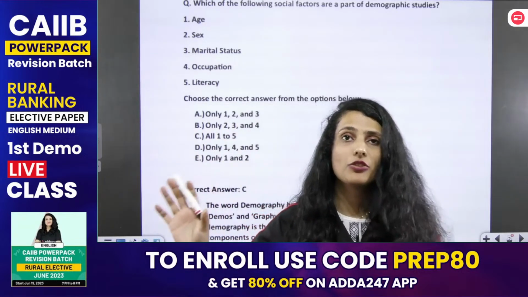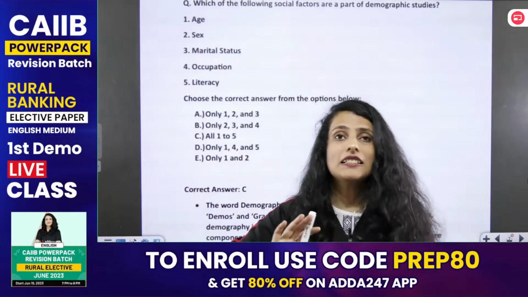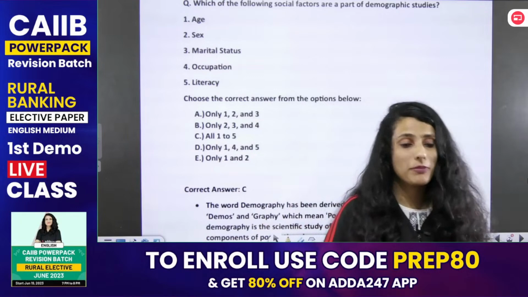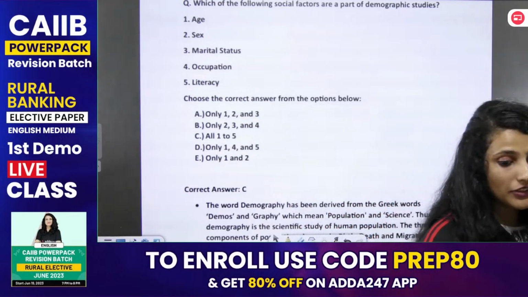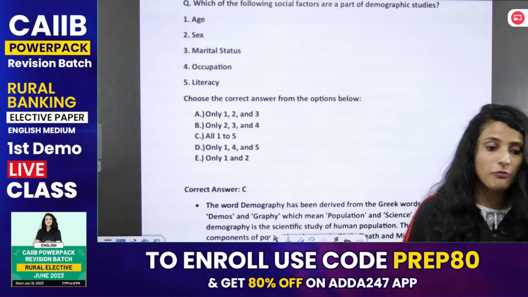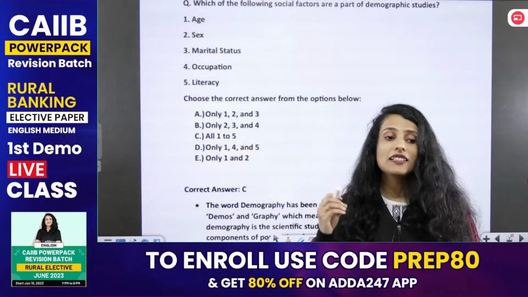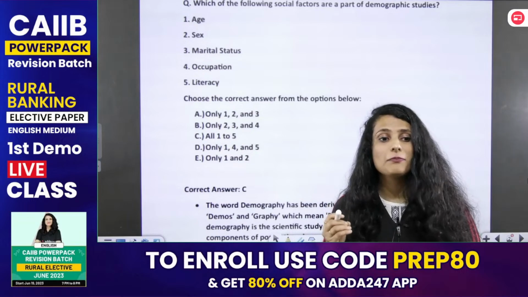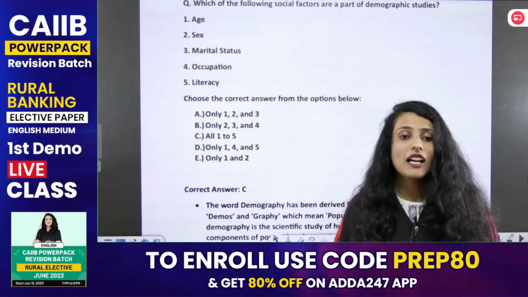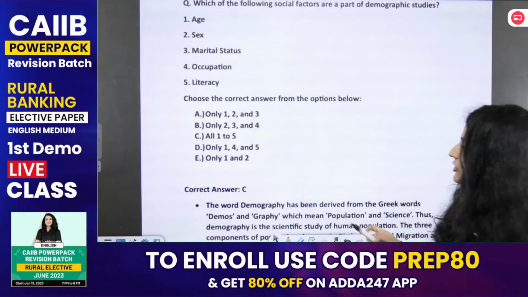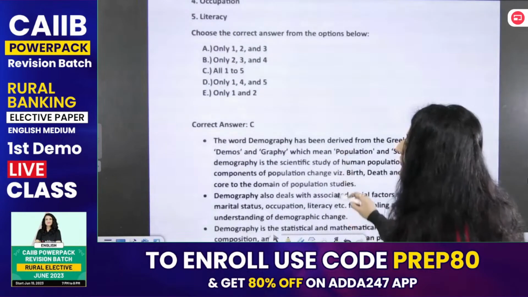They were published in the Socioeconomic Caste Census that was based on the 2011 census, but it was not made public. But that is also covered. The size and the composition of population, the spatial distribution, and the population density are the important factors covered as part of demographic studies. So the correct answer is all 1 to 5 are correct.